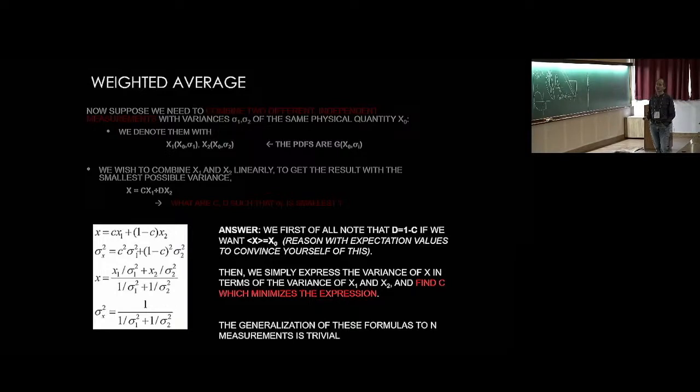Then you divide by the sum of the weights, where one of the two dominates. So in the limit that one of the two variances is much smaller than the other, it is that particular value that dominates and you get a weighted average which converges to that value. All right, I think it should be clear from these mathematical expressions what is going on here.